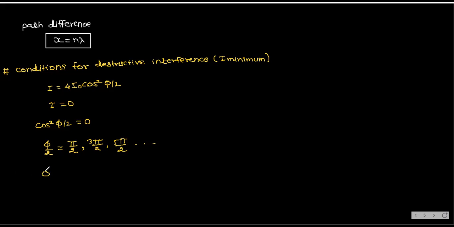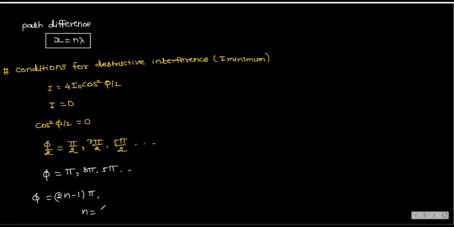So you should get phi is equal to what now? If we multiply that side, this will become pi, next is 3 pi, next is 5 pi, and so on. So here you are getting phi is equal to 2n minus 1 into pi, where n is equal to what?